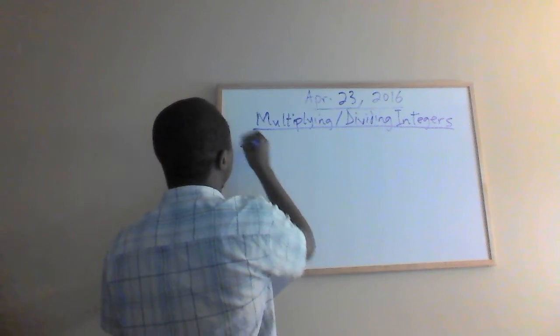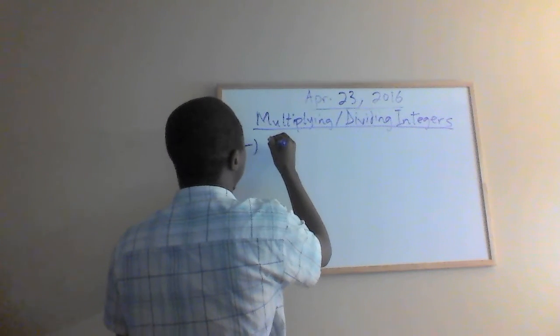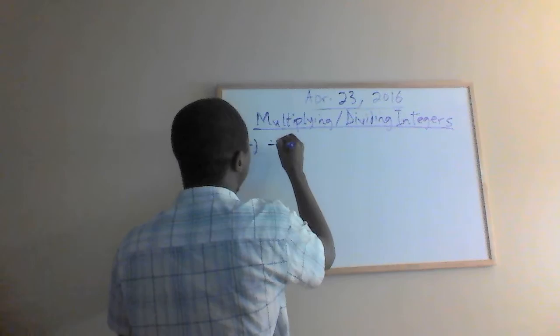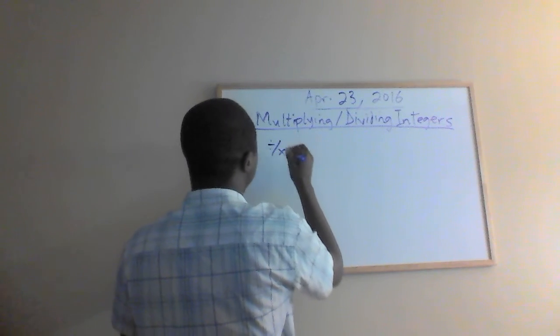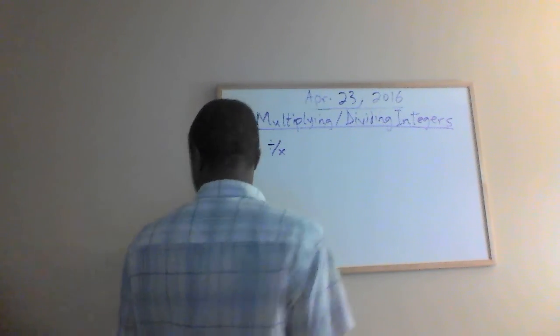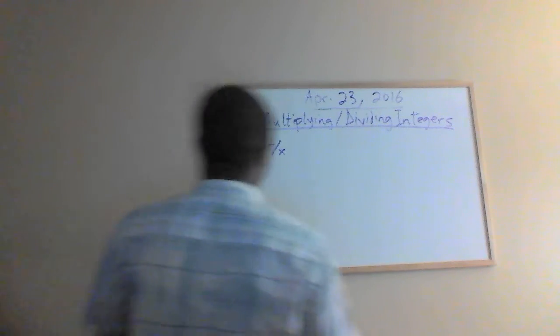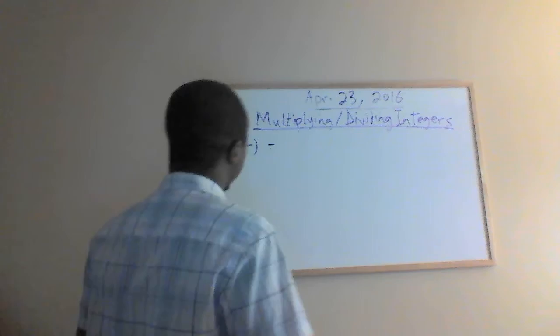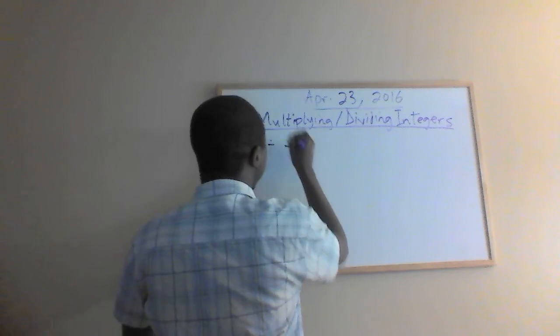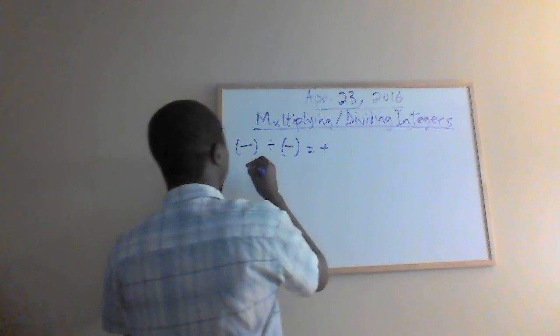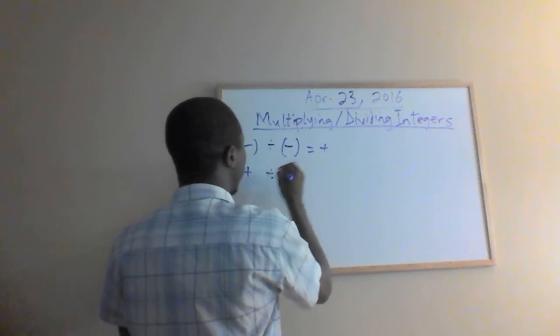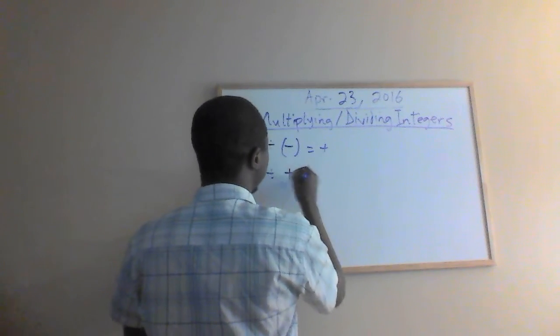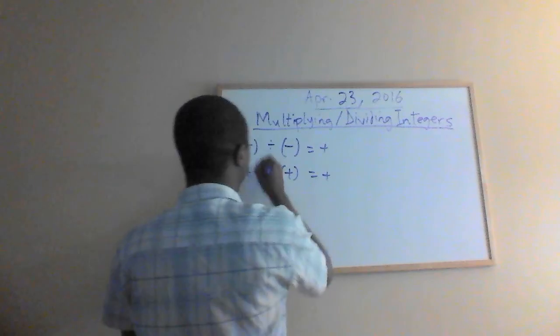Let me deal with division first. Negative divided by negative will be positive. Positive divided by positive will be positive.